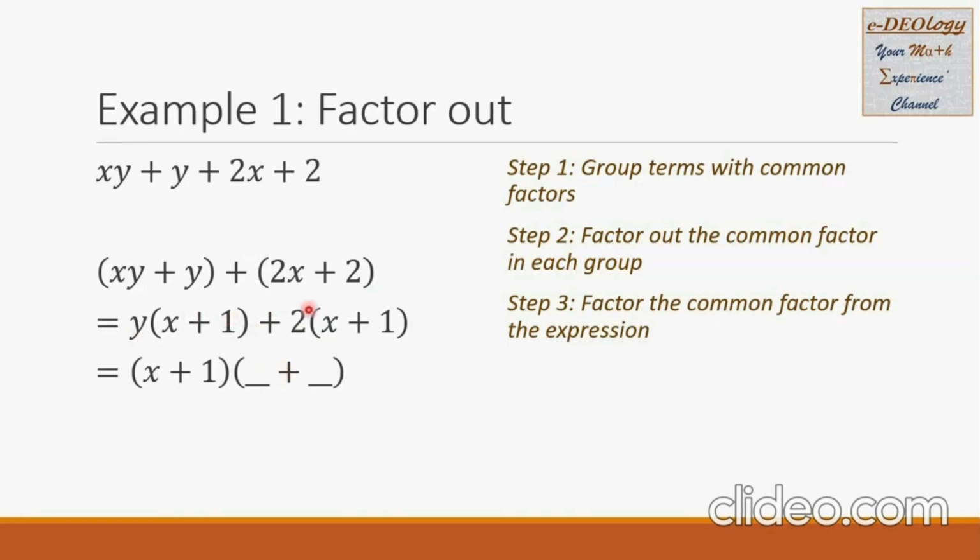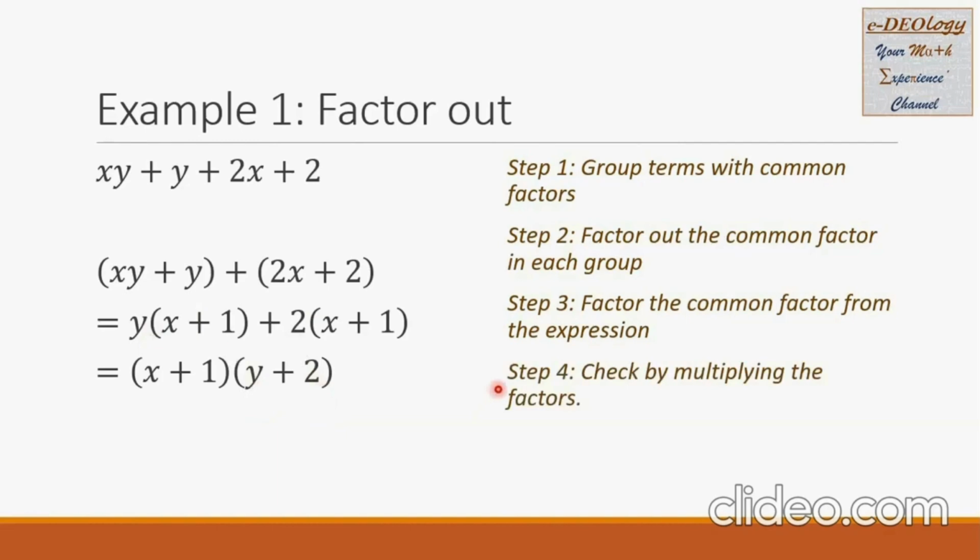Since we have two big groups, the second factor should be a binomial also. So I'm going to collect all the terms that remain after removing the common factor from each group. So in here, it is y, and then plus the 2.